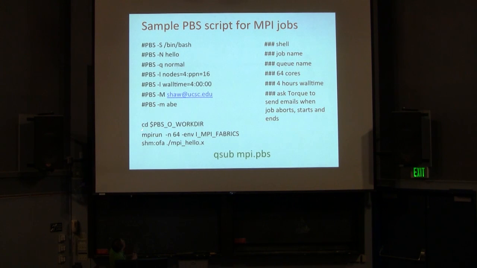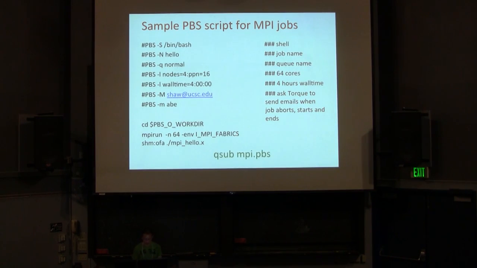When it actually gets to run, it starts from the home directory. But your code can be, for example, in the Lustre file system in PFS. So this line will change that. PBS will save your current directory into this environment variable. Then when you cd to that, it actually goes to that directory.